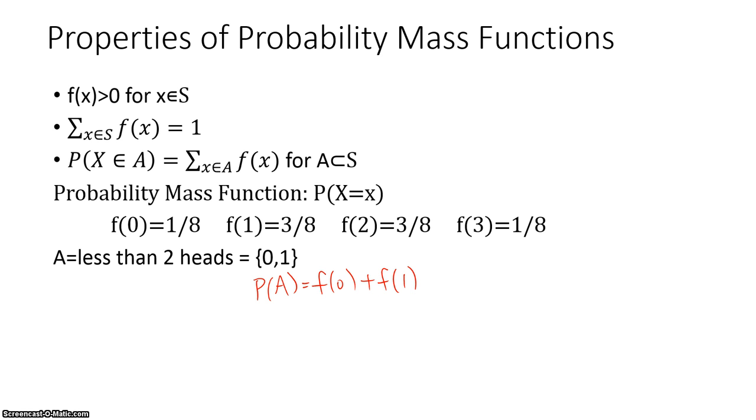So if we add those up, we get the probability of A. The probability of having less than 2 heads is 1/2.